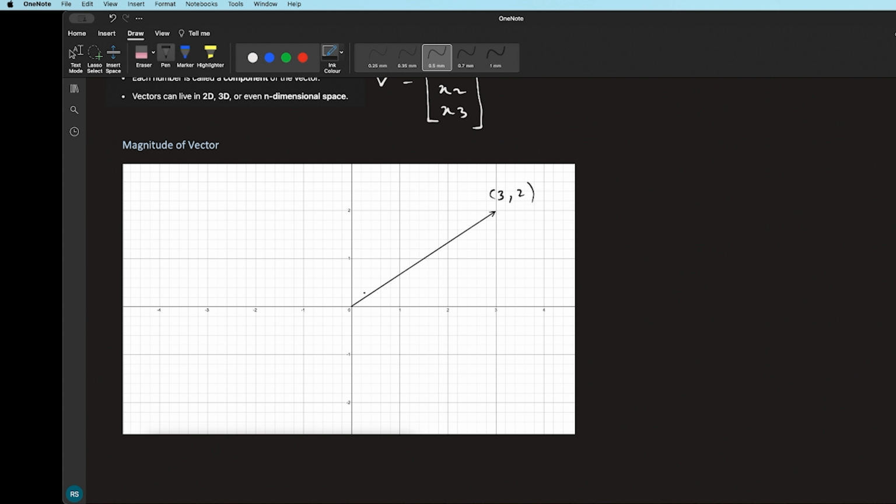I need to find the length of the vector. So how can I find that? You must be aware of the Pythagoras theorem, which you might have studied in high school. If I define this point as A, this point as B, and this point as C, let me draw one small line here.